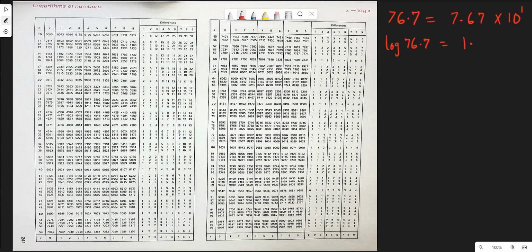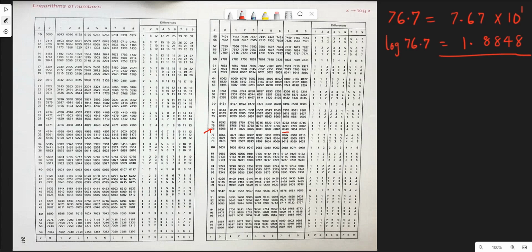And I head over to my logarithm table. I look for 76. There you go, 76 under 7 here. And this gives me 8848. Now we don't have any difference to look for, so we leave it at 1.8848 as the logarithm.